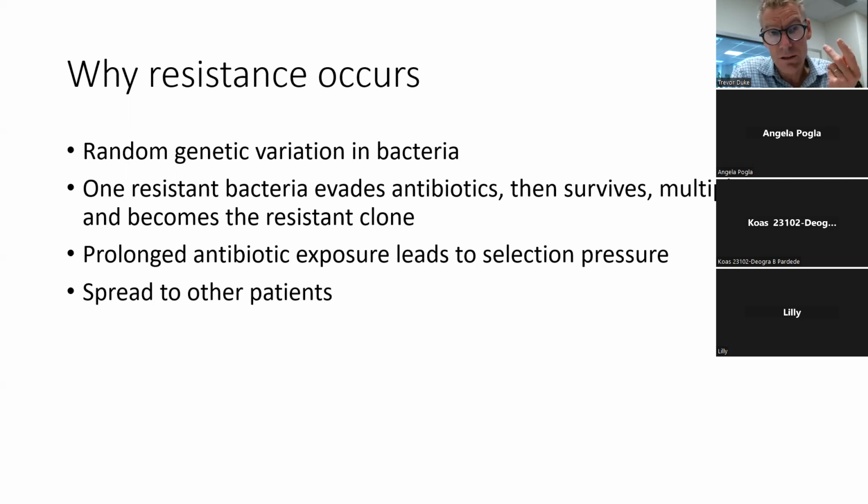And usually, to start with, a minority of the bacteria have those resistance genes. But if you give antibiotics over a long period of time, and there is a subpopulation of the bacteria that have resistance genes, then those resistant bacteria evade the antibiotic and they survive and they multiply, and then they become what's called a resistant clone within the overall infection.